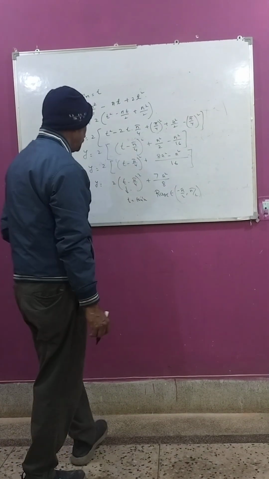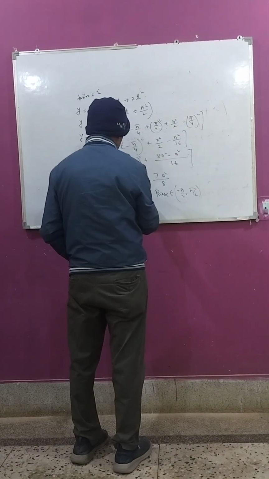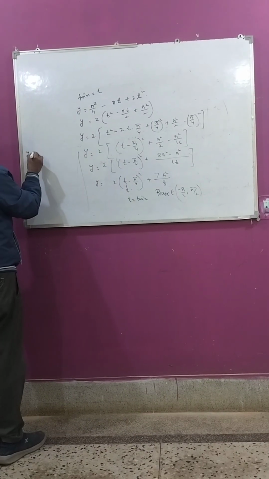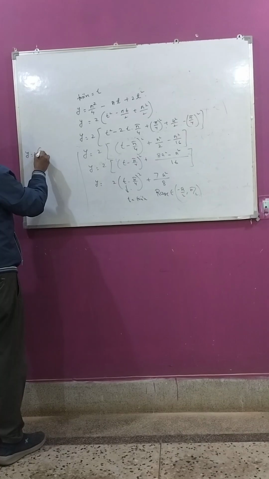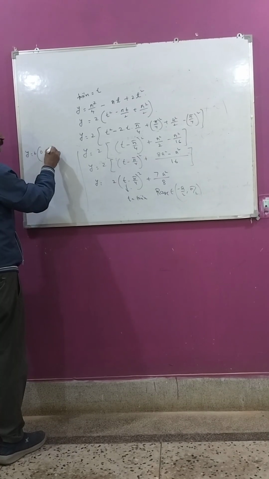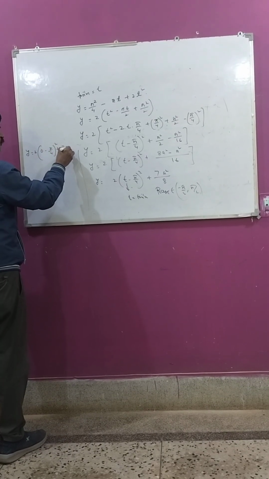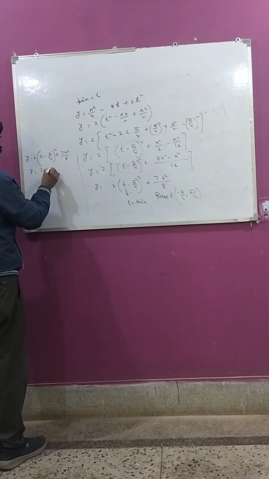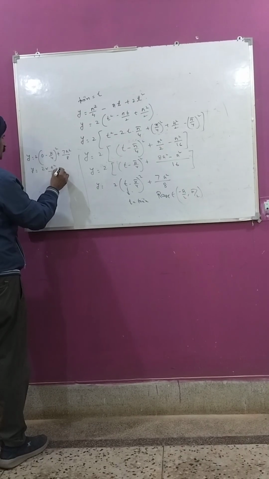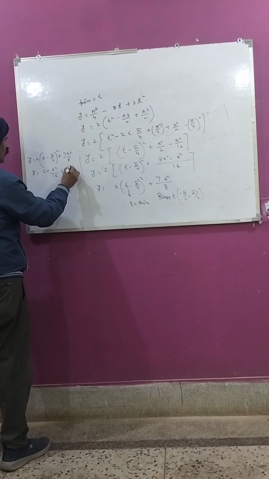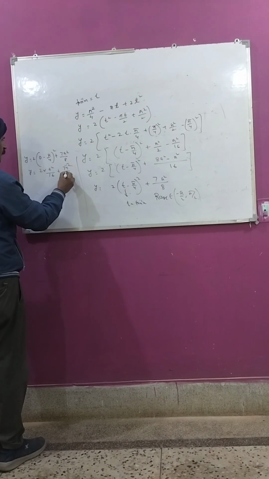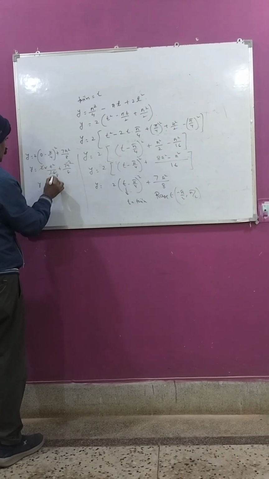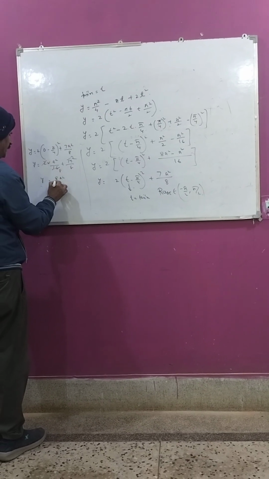So in between, if you put 0 here, what is the value? 2 into (0 minus pi by 4) squared plus 7 pi squared by 8. So y equals to 2 into pi squared by 16 plus 7 pi squared by 8. So y equals to 8 pi squared by 8, that is pi squared.